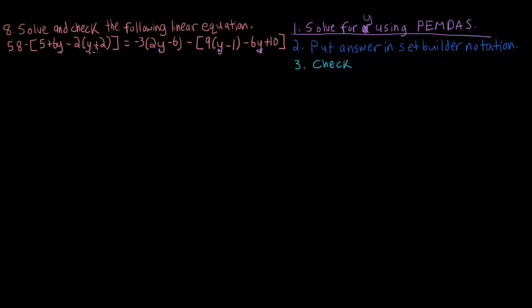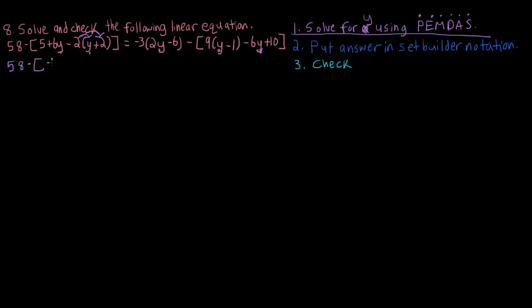Alright, so we want to use PEMDAS, which is our order of operations, which tells us first we use parentheses, exponents, multiplication, division, then finally addition and subtraction. So using PEMDAS, 58 minus, we want to start with what we have here in parentheses.